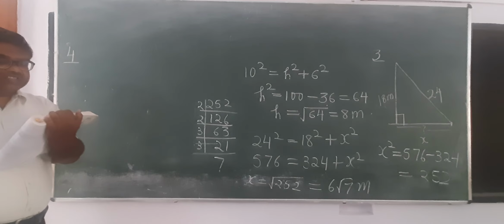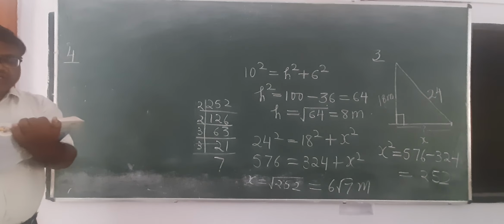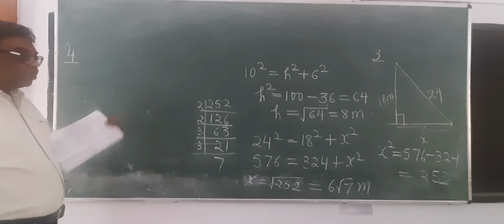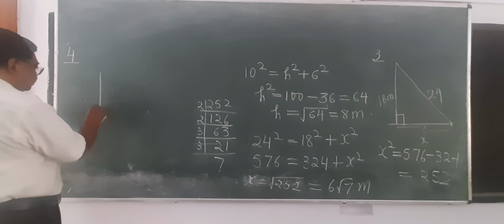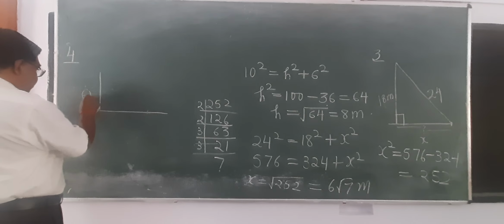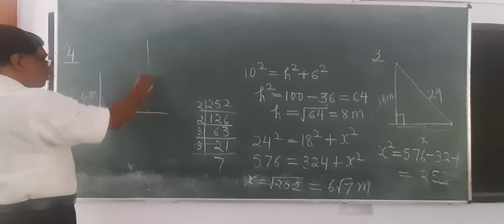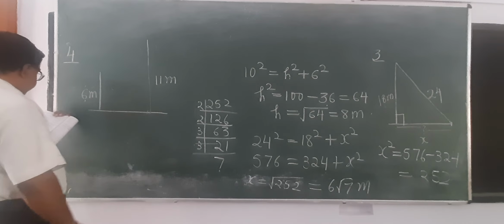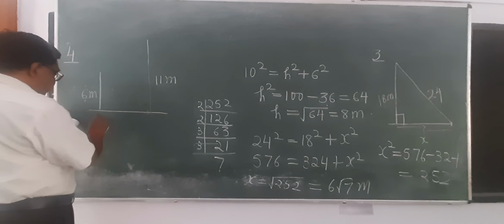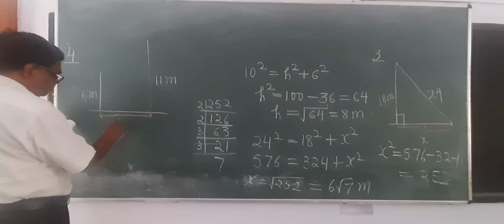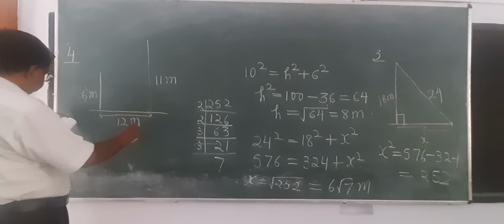Poles of height 6 meter and 11 meter stand on a plain ground. If the distance between their feet is 12 meter, means one pole is of 6 meter, another pole is of 11 meter, and the distance between their feet is 12 meter.